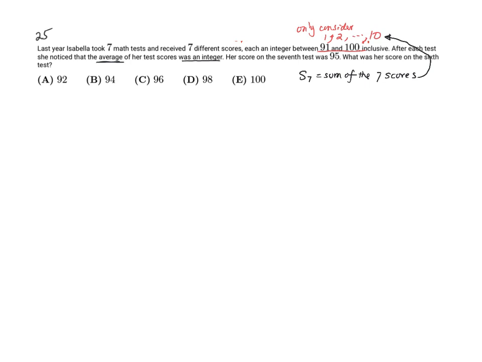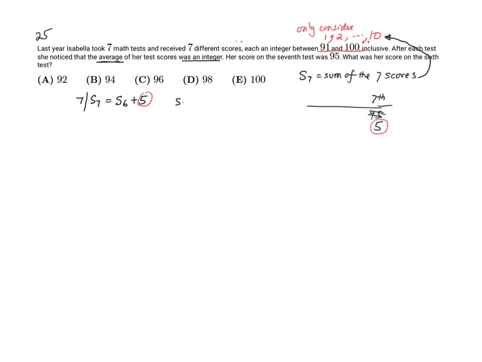Because the average is an integer, 7 should divide the sum of these 7 scores. And the 7th score is 95. Again, we only consider the unit digit, which is 5. So the sum of the 7 will be the sum of the first 6 plus this last one, which is 5. Again, I skipped the 90.